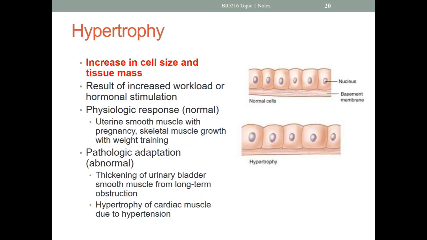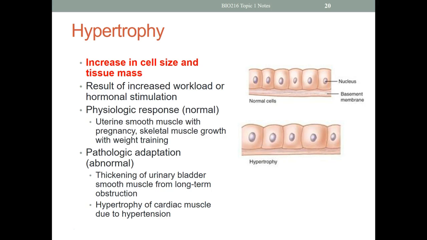Hypertrophy is just the opposite. We see an increase in cell size and tissue mass. And this is a result of increased workload or increased hormonal stimulation. It can be a normal physiological response, such as we see with uterine smooth muscle with pregnancy, or skeletal muscle with pumping iron.